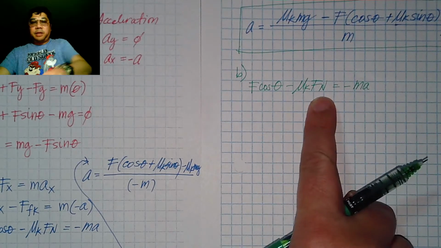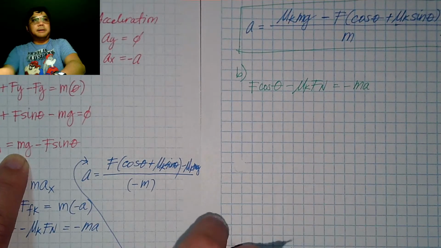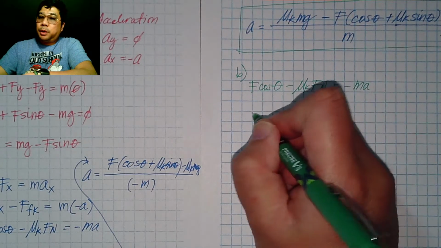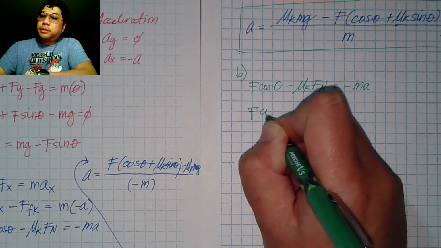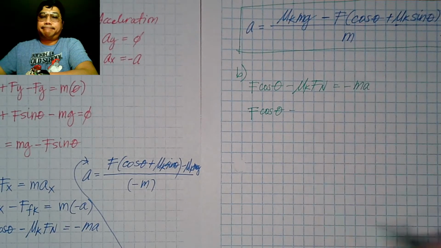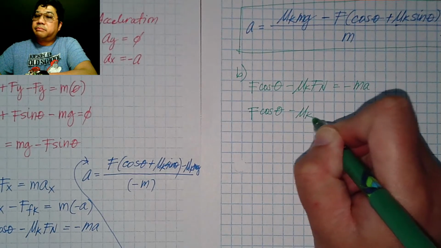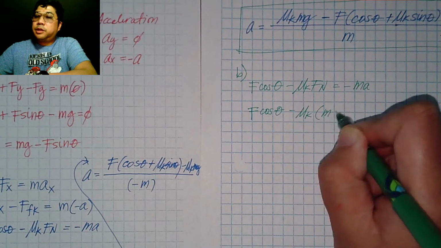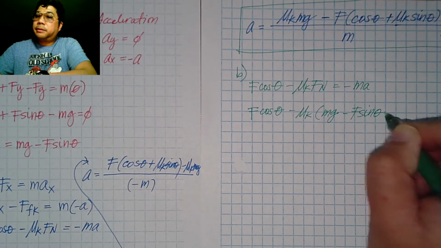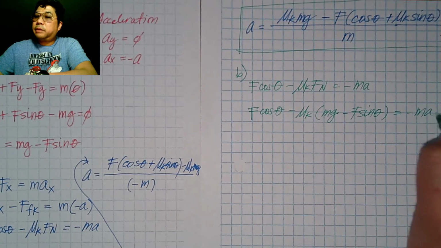Next, let's replace our Fn with this value of Fn, which is mg minus f sine theta. So again, f cosine theta minus mu sub k times mg minus f sine theta equals negative ma.